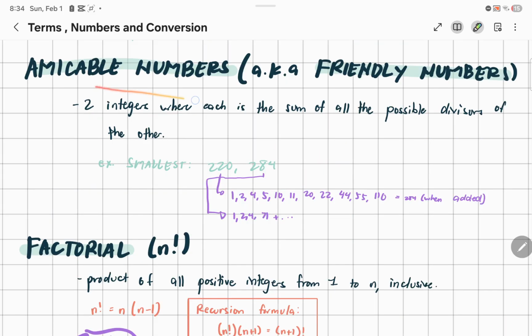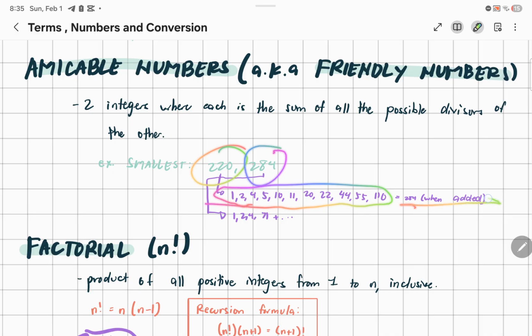Next, we have amicable numbers, also known as friendly numbers. These are two integers where each is the sum of all the possible divisors of the other. The smallest amicable numbers are 220 and 284. If you find all the divisors of 220 and add them, you will have 284.